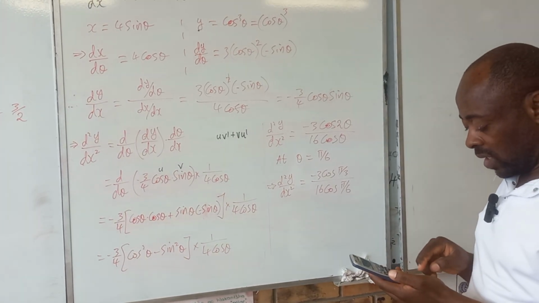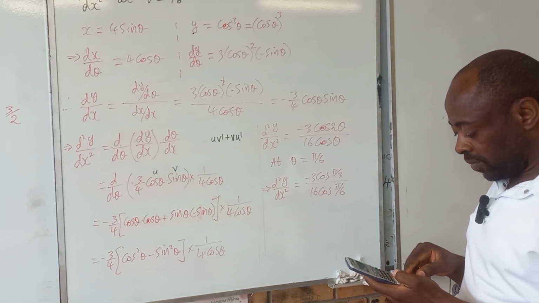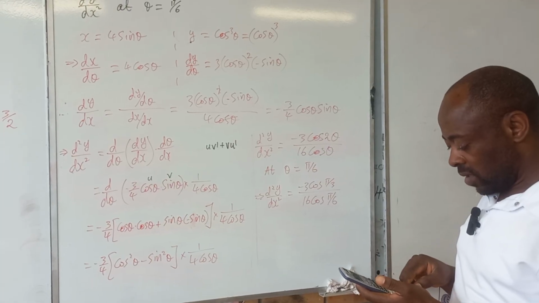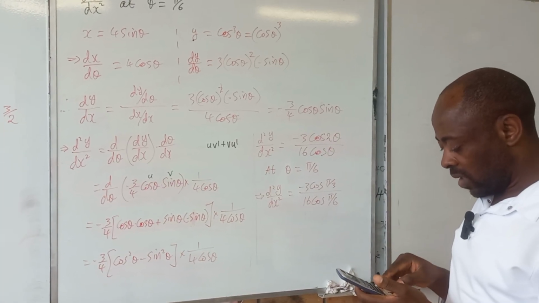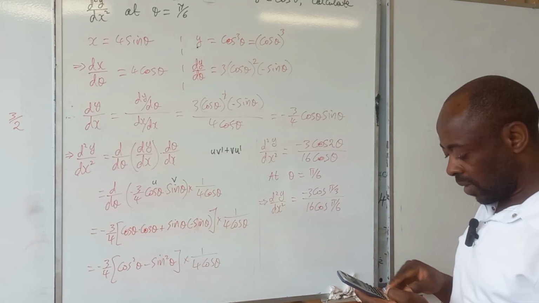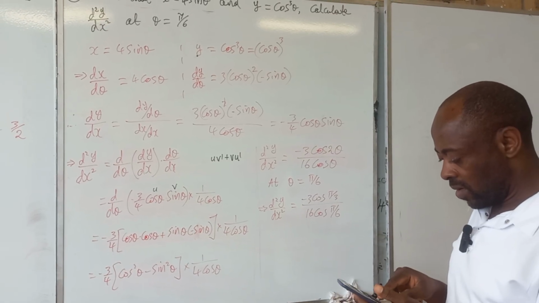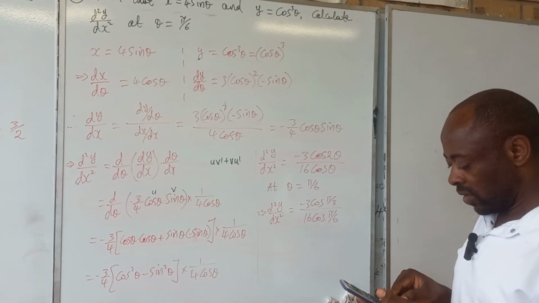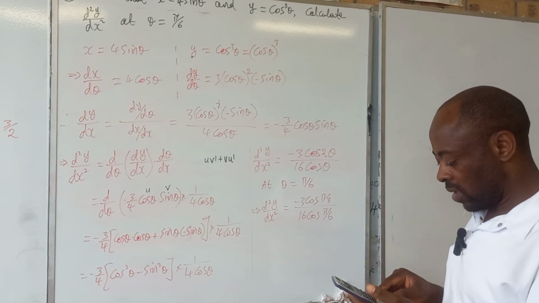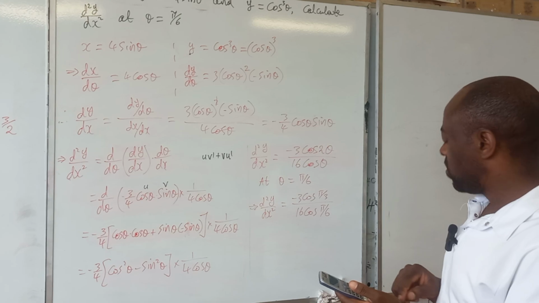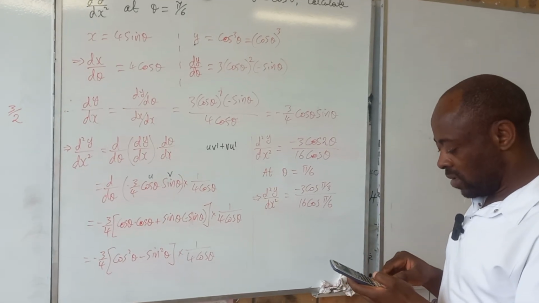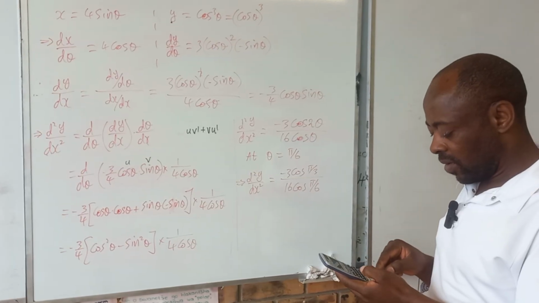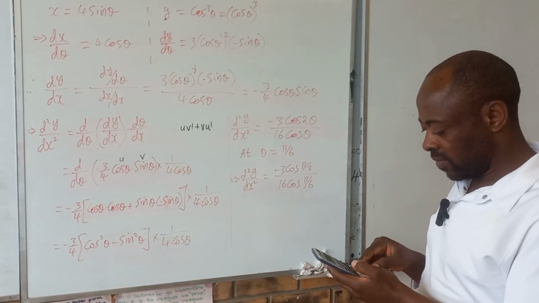So I'm getting negative 3 cos pi over 3. Let me start by putting in my fraction. Then I will divide this by 16 cos pi over 6.